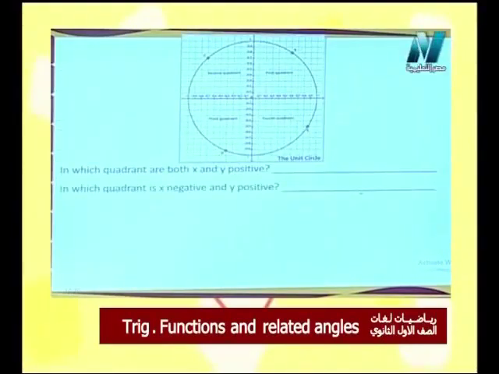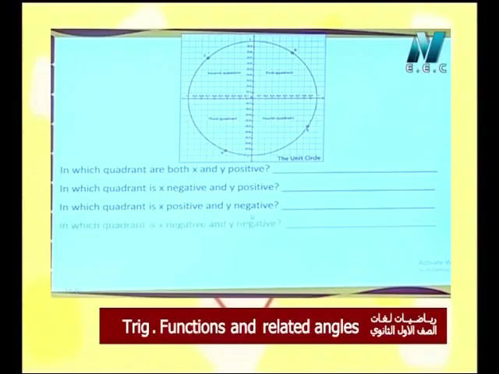Look carefully. In which quadrant are both X and Y positive? We have here OX, which is positive, and OY, which is positive, but OX dash here is negative, and OY dash here is negative also. In which quadrant is X positive? We said that.